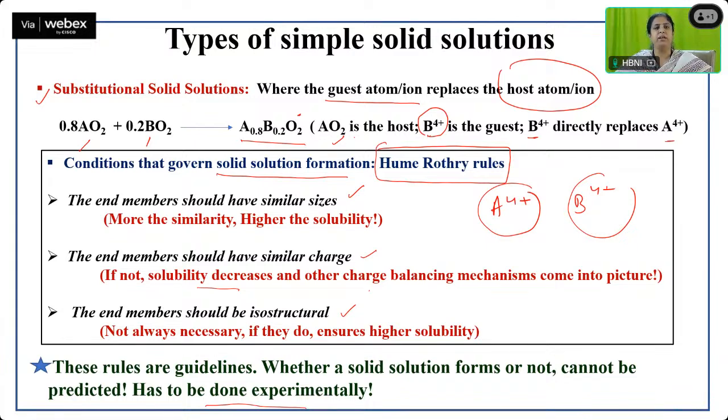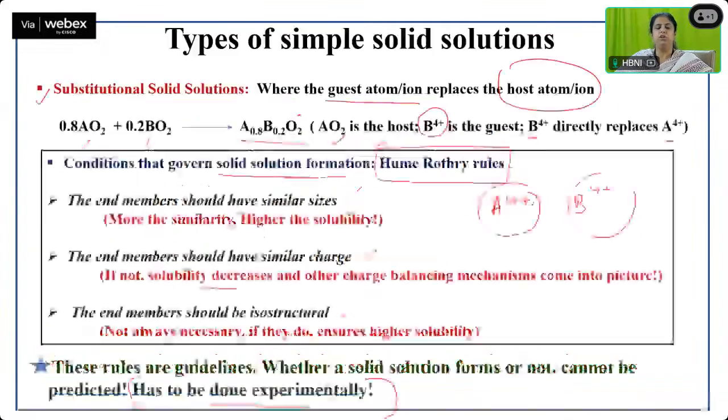Like I have been working on rare earth oxides for so many years now, so I have a logical idea of whether these two things will mix or they will not mix. Or I can also probably predict the extent because I've been working in this area for so long. But otherwise, to be very sure and to say that with some kind of authority, this has to be done experimentally. Okay.